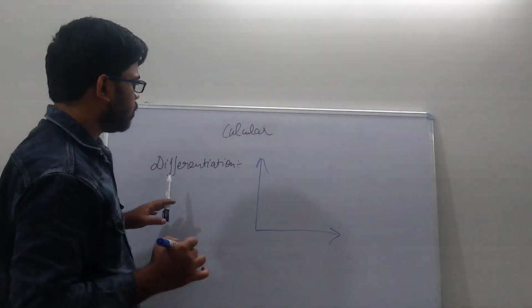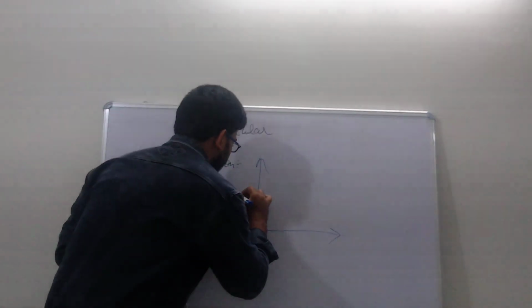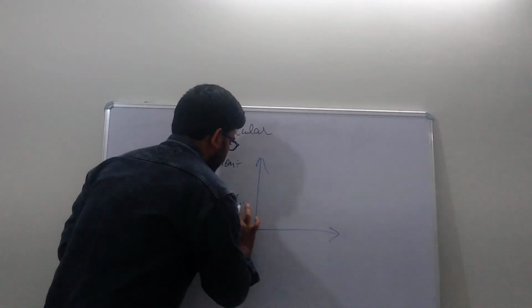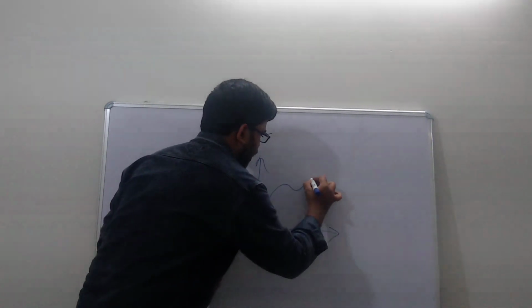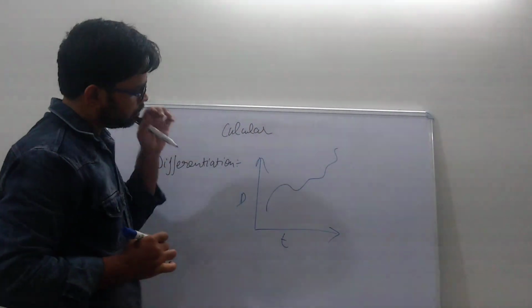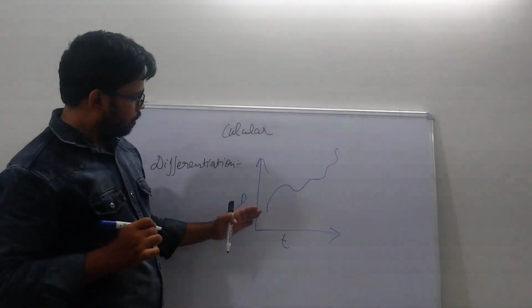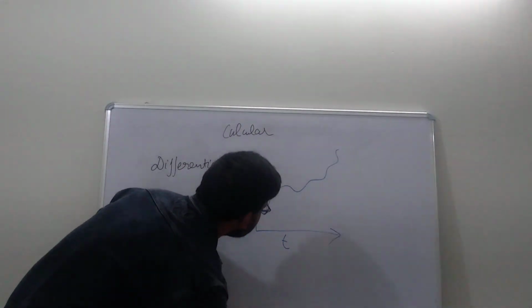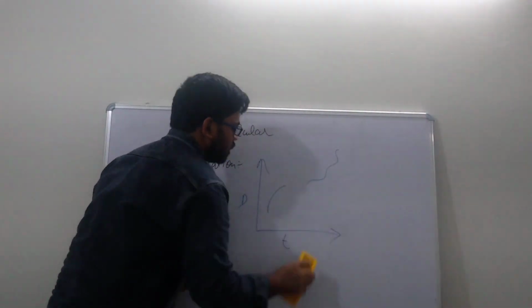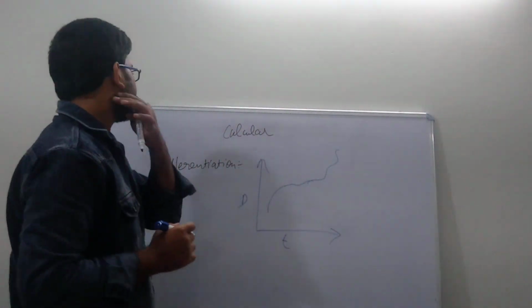A very simple example I want to take is distance and time. So this is the distance and this is the time, and this is some graph. This graph shows that with the increase of time, there was an increase in distance.